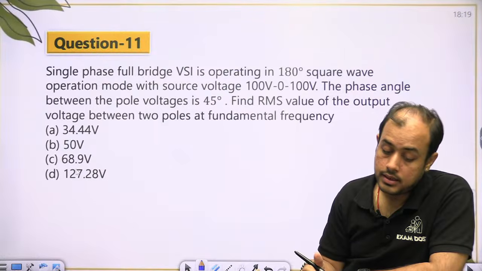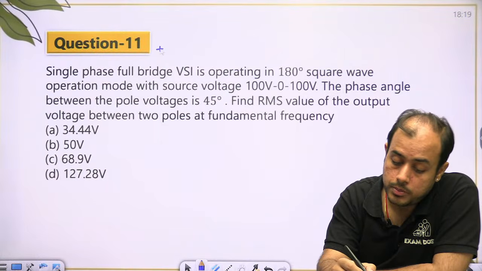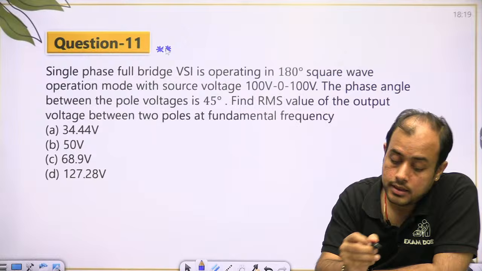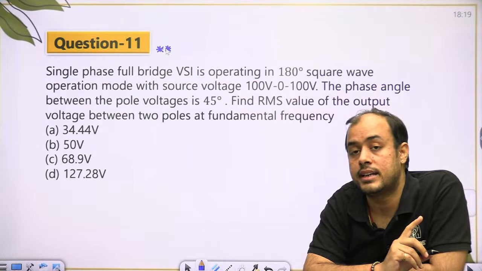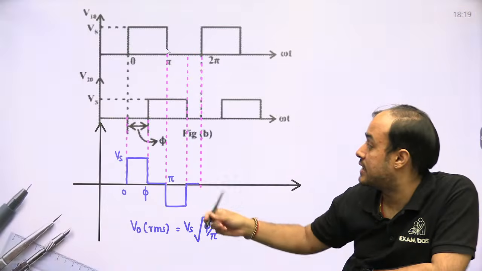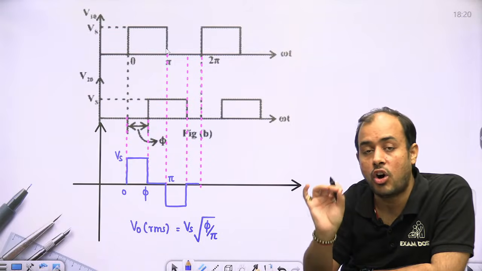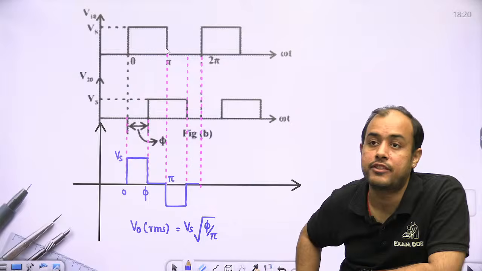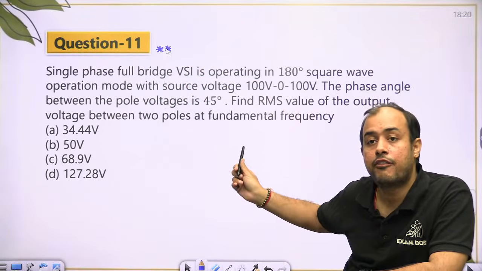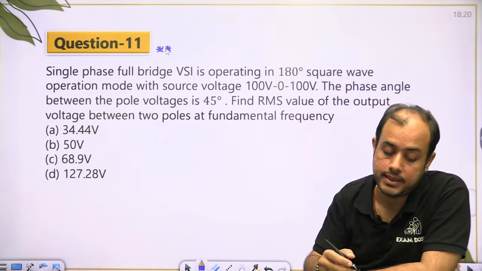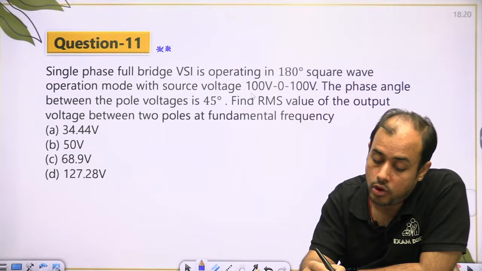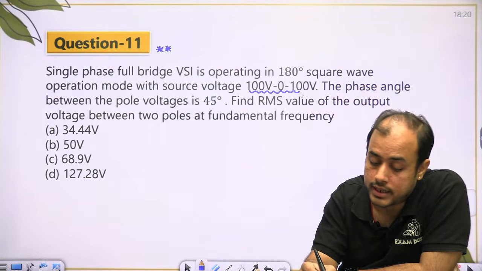Okay. Now this question is very good, beta. The pole voltages are now shifted by 45, just like they were shifted by 5. But I do not want the RMS output. I want the RMS at fundamental frequency. Now, beta, what is this 100, 0, 100?